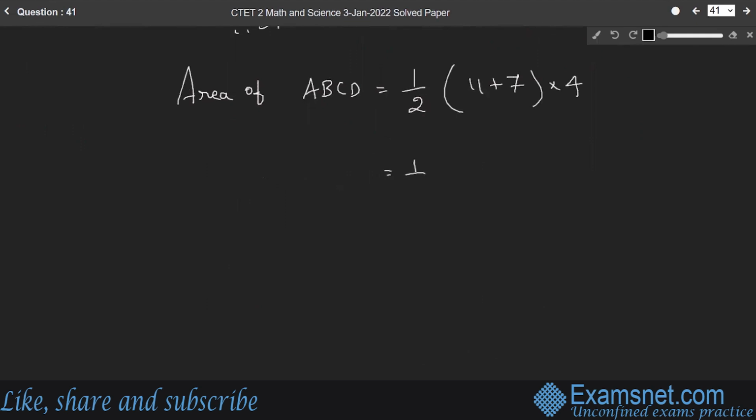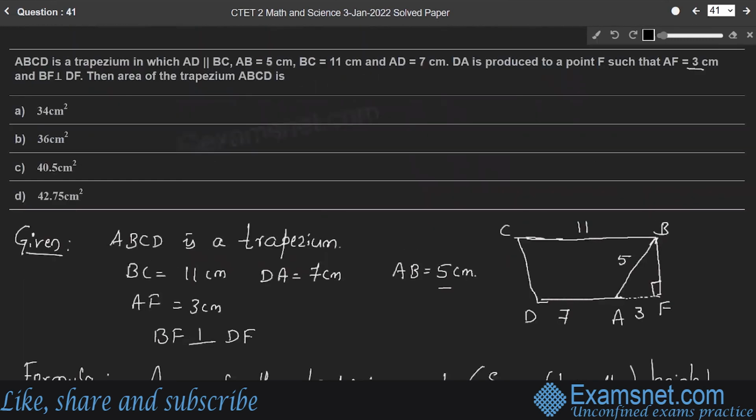Therefore, it is half into 18 into 4, which is equal to 36 centimeter square. Area is expressed in square units. Therefore, 36 centimeter square is the area. Hence, option B is the right answer.